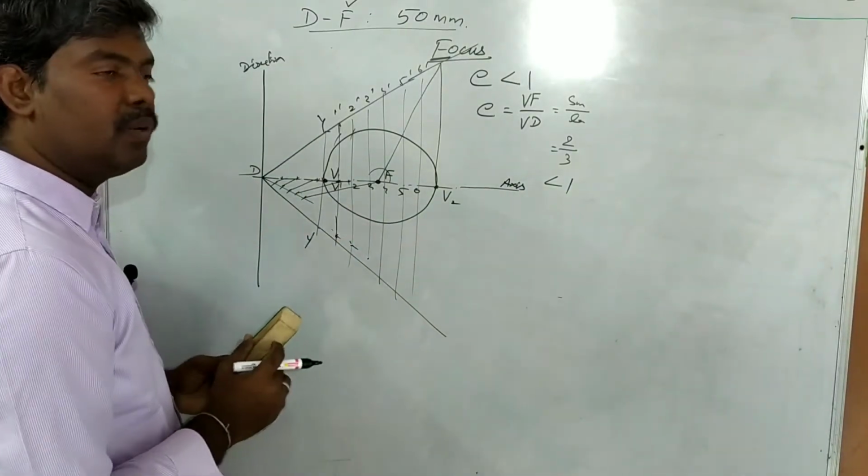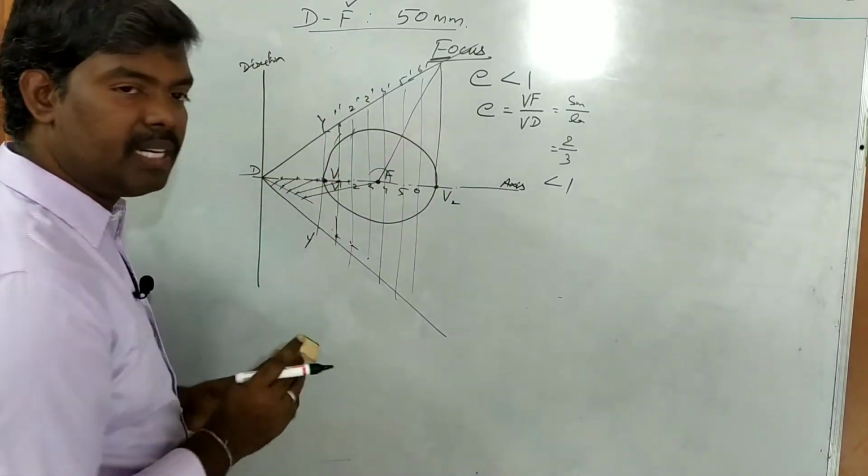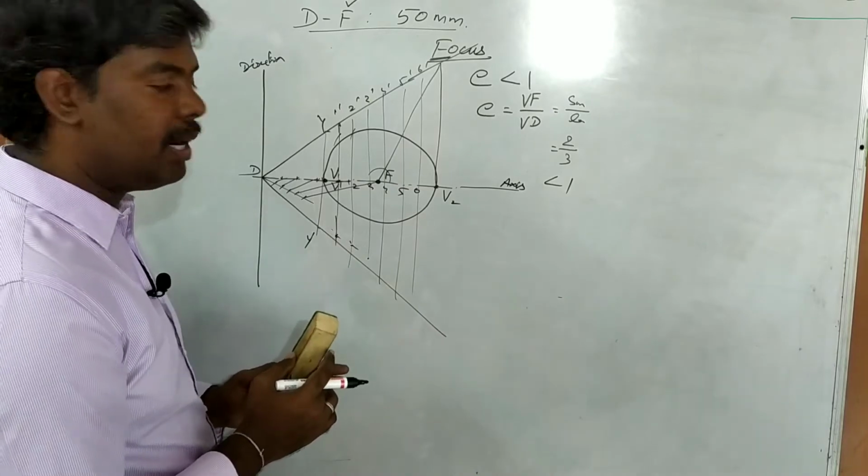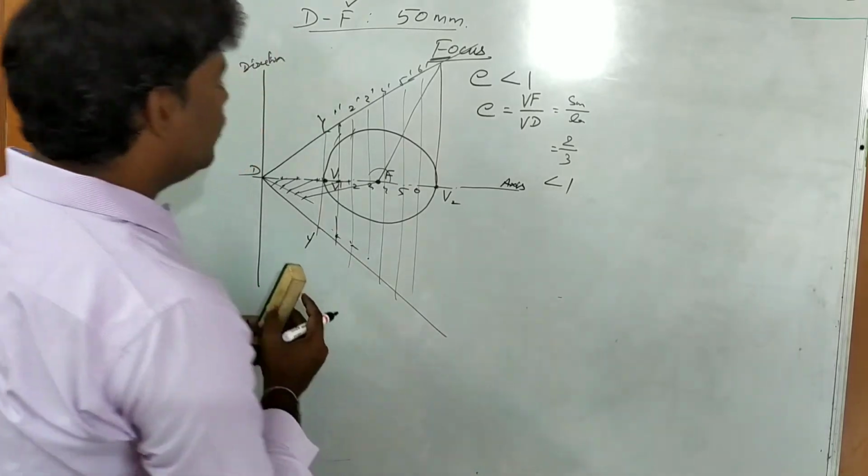So today's class we go for how to draw tangent and normal for the ellipse first, then we go for parabola and hyperbola. Clear? Right.